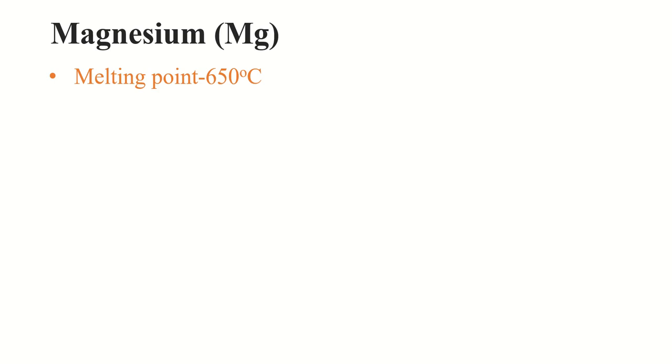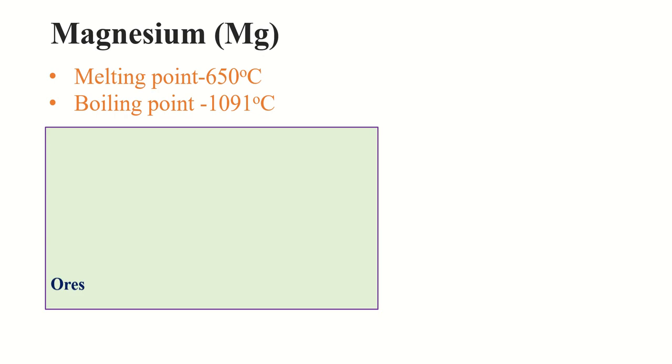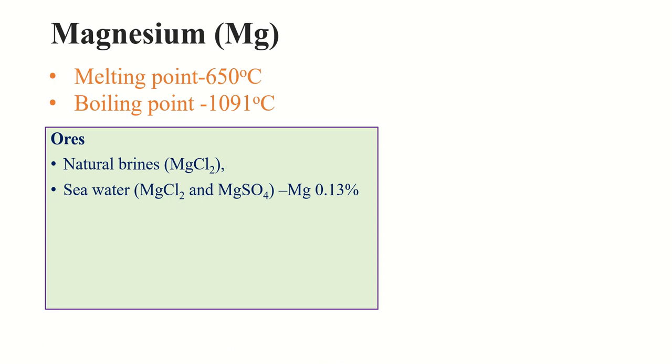The melting point of magnesium is 650 degrees centigrade, and boiling point is 1091 degrees centigrade.